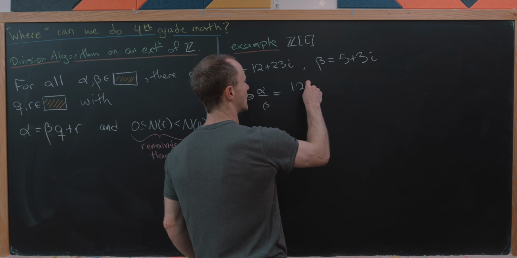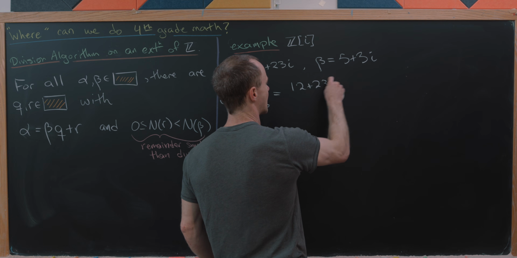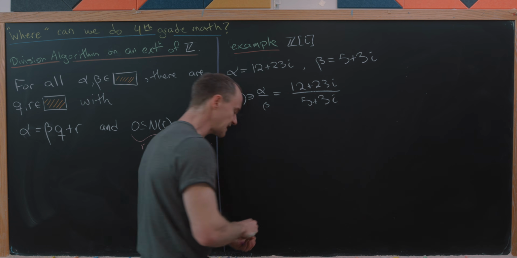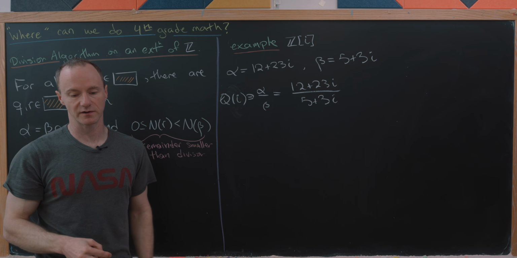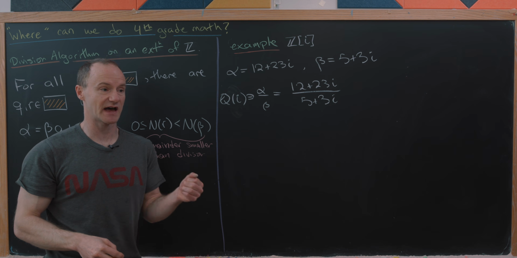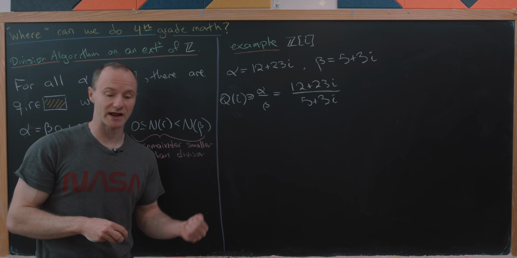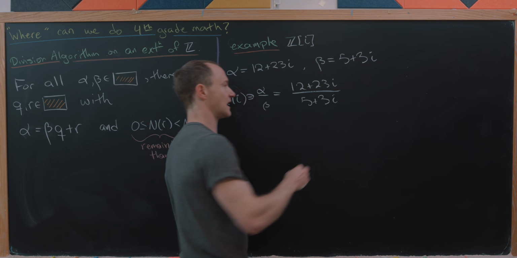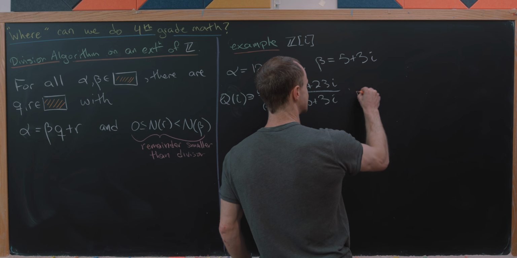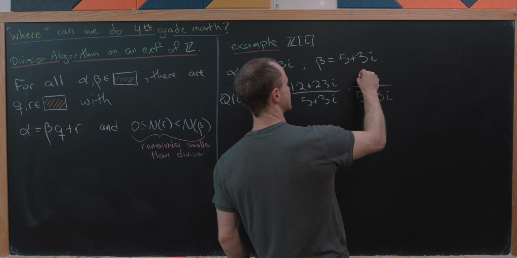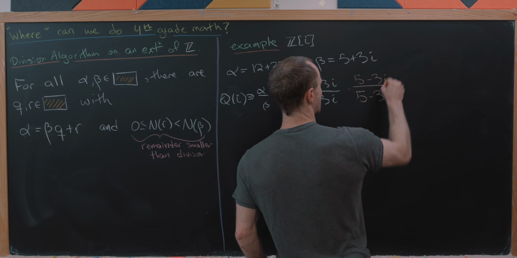Okay, so let's do the calculation that'll take us all the way there. So we've got 12 plus 23i over 5 plus 3i. And now we're going to do the classic thing that you probably learned in a high school algebra class, and that is you'll multiply by the complex conjugate of the denominator in the numerator and the denominator so that we have a denominator which is simply a real number. So that's going to be 5 minus 3i in the top and the bottom.